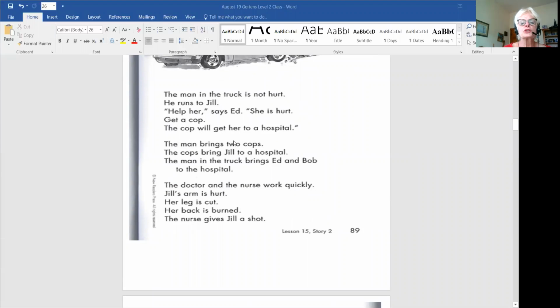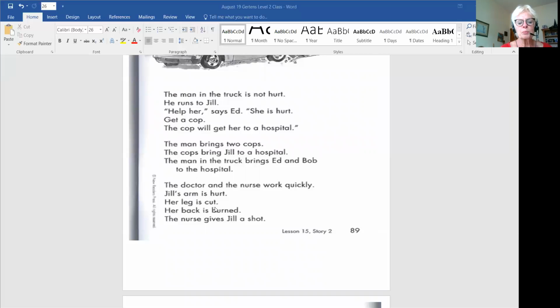The man brings 2 cops. The cops bring Jill to a hospital. The man in the truck brings Ed and Bob to the hospital. The doctor and the nurse work quickly. Jill's arm is hurt. Her leg is cut.